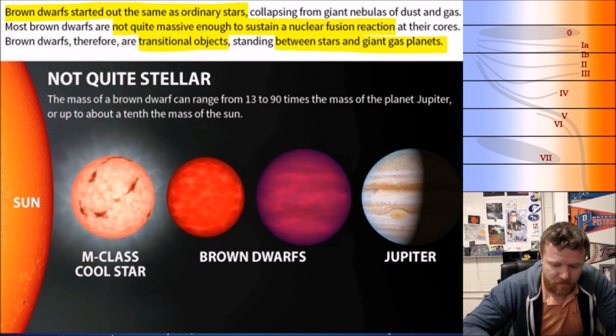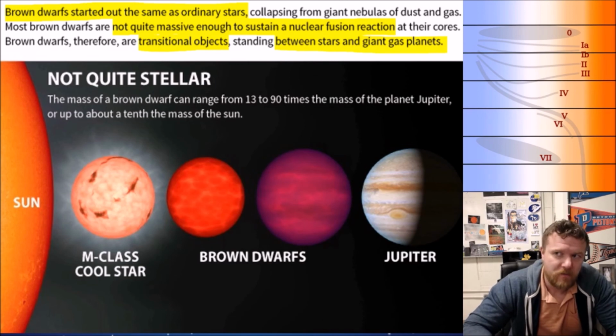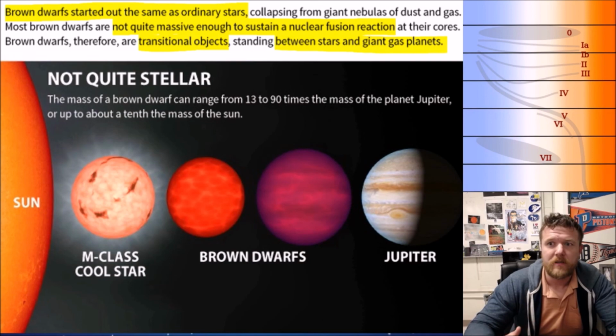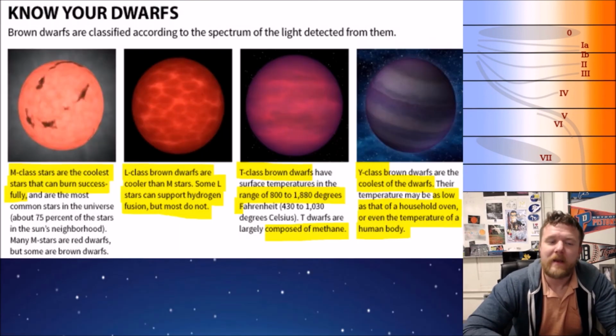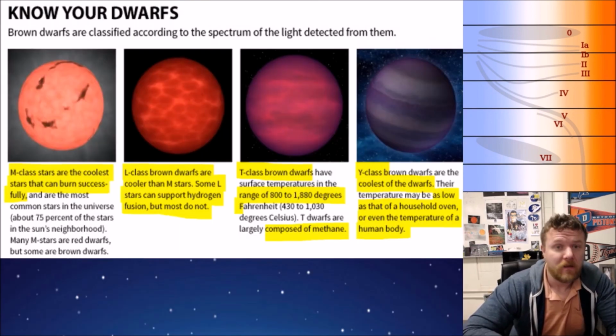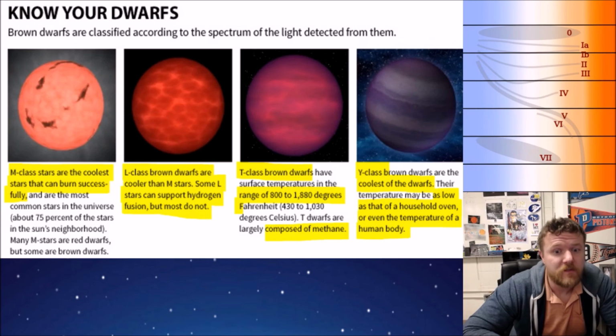Most astronomers consider them stars, or a subcategory of star, because they are glowing. So we've got an M-class star, and then an L-class star, a T-class star. The surface temperature is up to almost 2,000 degrees.